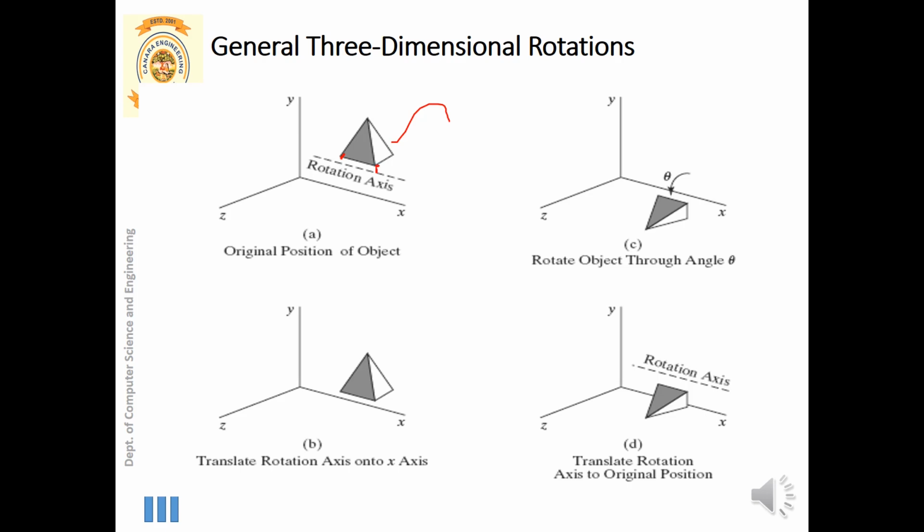Here you can see a pyramid, a 3D shape, and here you have 4 vertices represented. I'm sorry, there is one more vertex here which is hidden. So 4 vertices form the base, and then one vertex forms the apex, a pyramid shape.